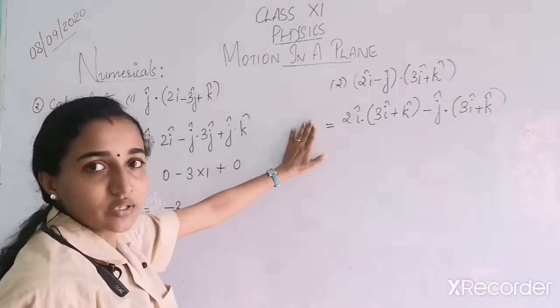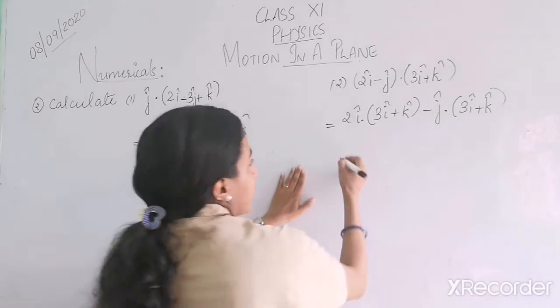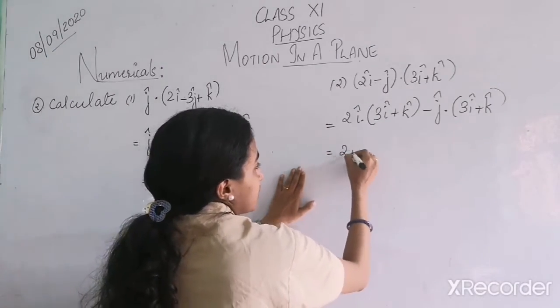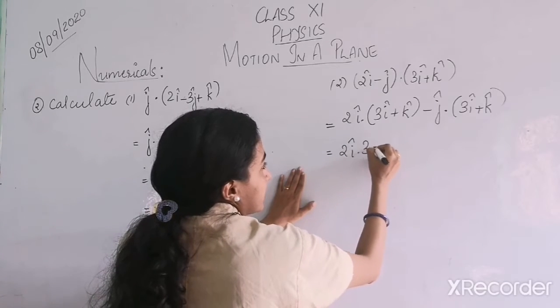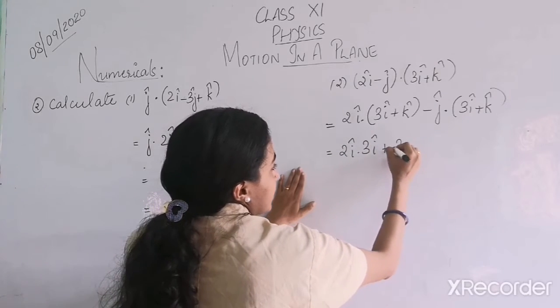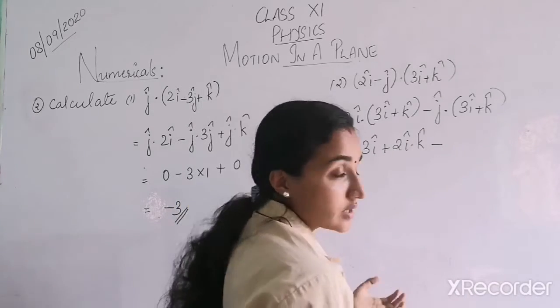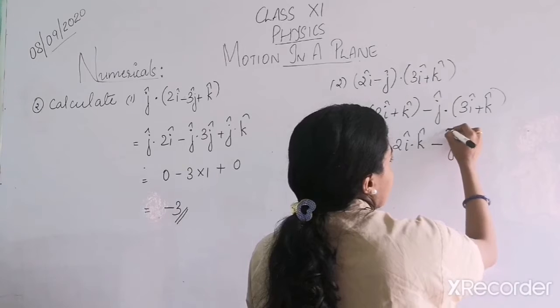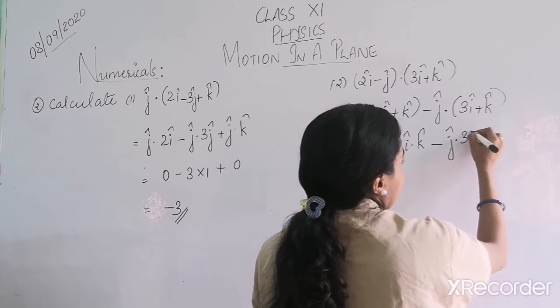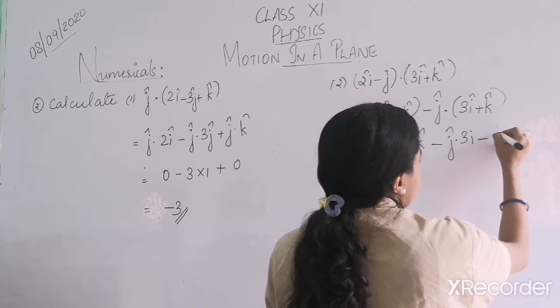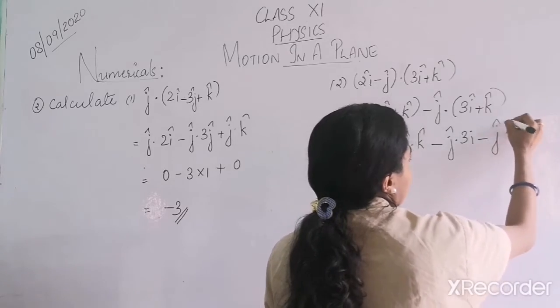Because scalar product is distributive, as we have already seen. Now expanding: 2i dot 3i plus 2i dot k, minus j dot 3i, minus j dot k.